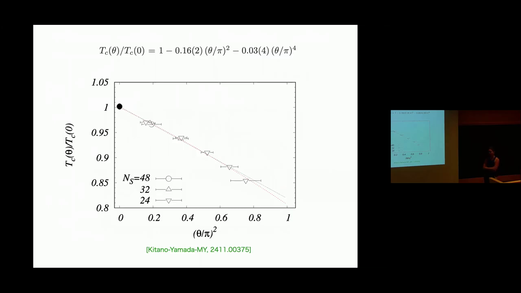In particular, you can vary the temperature and discuss the dependence of the critical temperature, the confinement to deconfinement transition temperature, as a function of theta. You can derive that, and if you have a fit, it decreases quadratically. So that's the result.